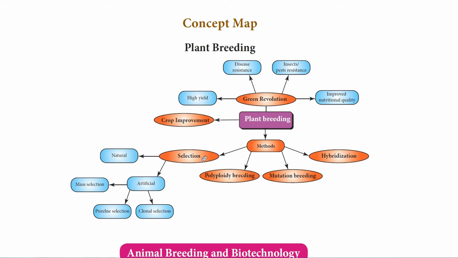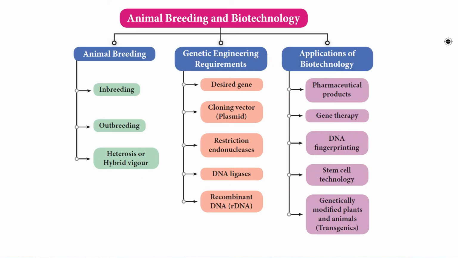The selection can be classified into natural and artificial. It happens in nature naturally, as well as artificially through mass selection, pure line selection and clonal selection. Now animal breeding and biotechnology. Under animal breeding we have learned about inbreeding, outbreeding, heterosis and hybrid vigor.